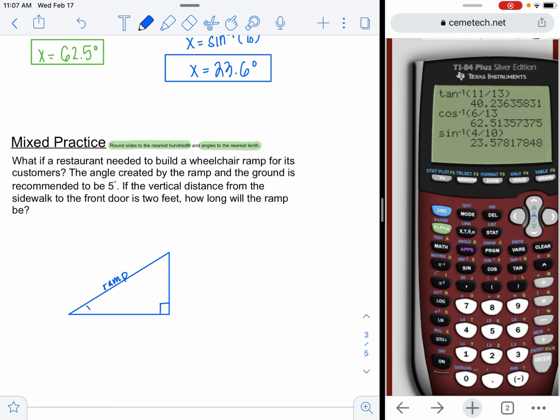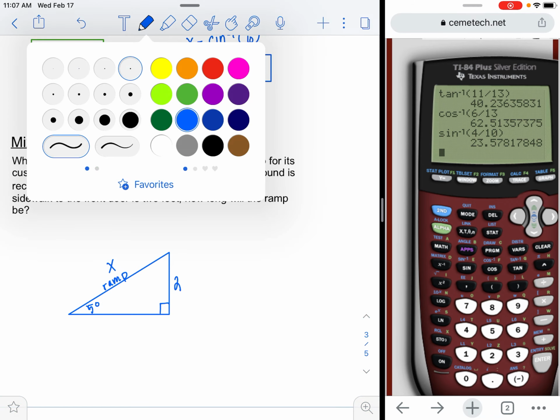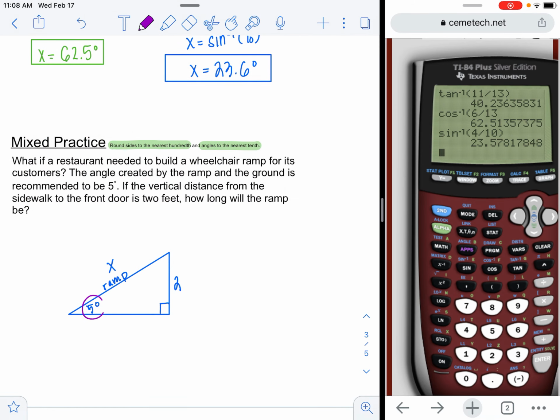All right. The angle created by the ramp and the ground. Here's the ground, right? So the angle in between the ramp and the ground, that's this angle right here, is 5 degrees. If the vertical distance from the sidewalk to the front door is 2 feet, vertical distance, that's this. How long will the ramp need to be?